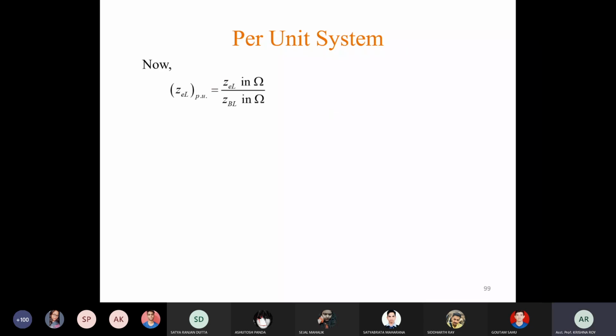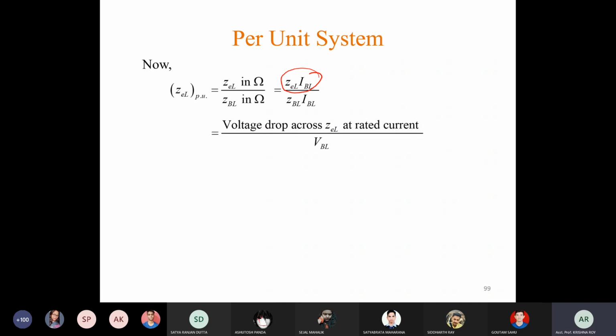Now, ZEL in per unit is equal to ZEL in ohm divided by ZBL, as we have seen in the previous expression. Now if we multiply this ZEL and ZBL both by IBL, what is ZEL times IBL? That is the leakage impedance drop at rated current, the voltage drop across ZEL at rated current.